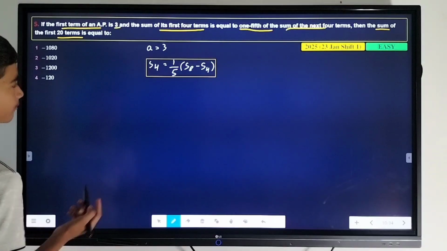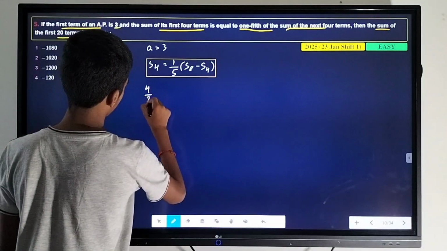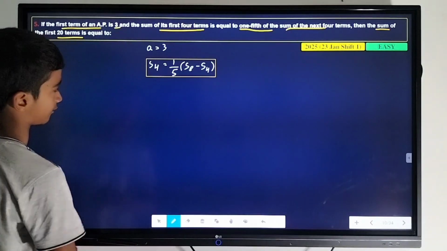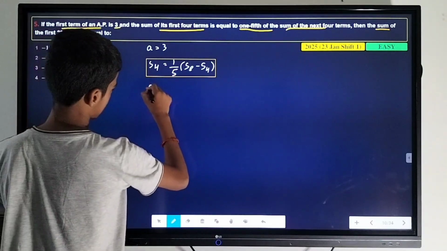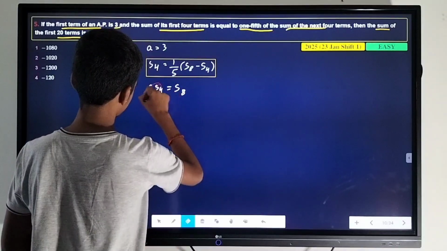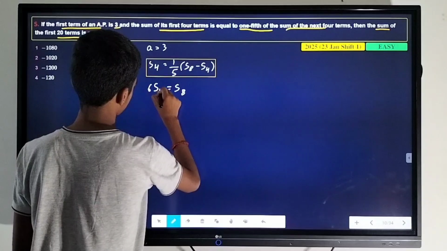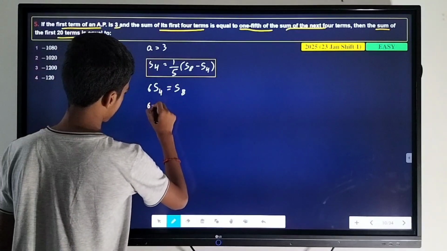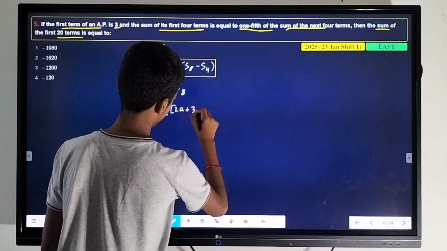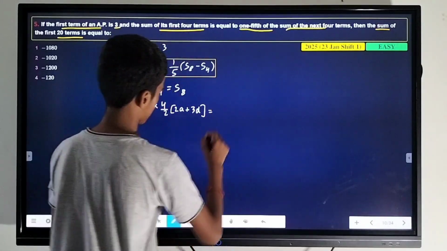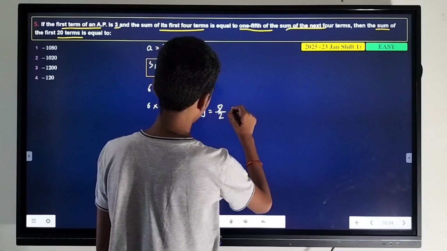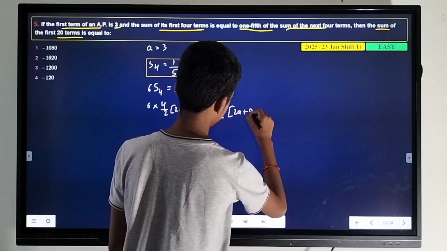So here our sum of 4 will be 4 upon 2. First let's evaluate it. This will be 6 times S4 is equal to sum of 8 terms. So this will be 6 times 4 upon 2 into 2a plus 3d is equal to 8 upon 2 into 2a plus 9d.